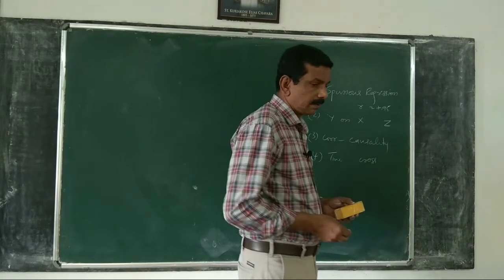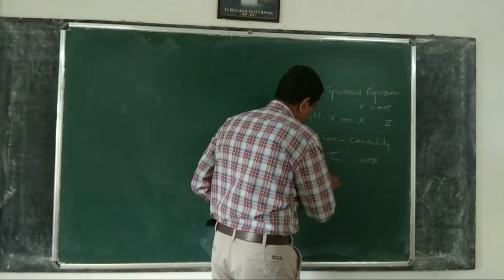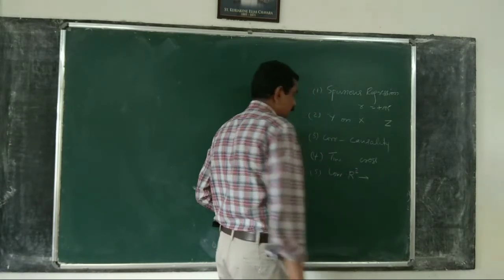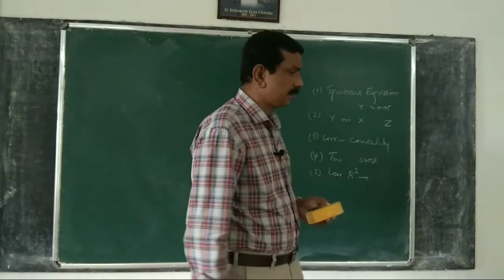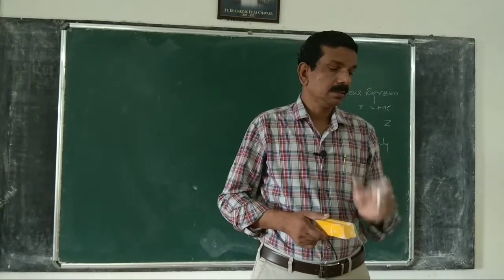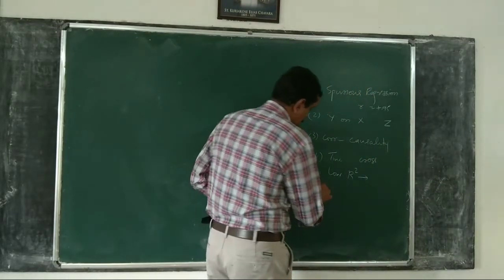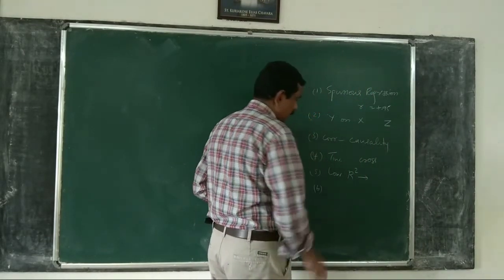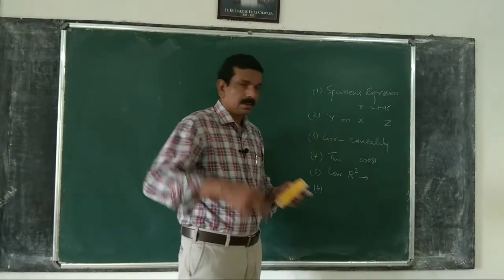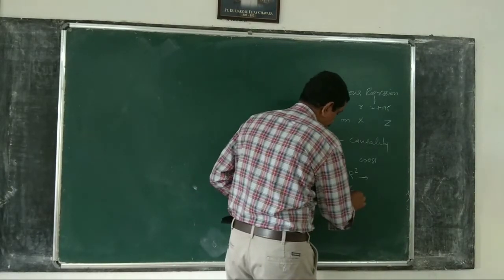The fifth problem is, low R square does not mean that our choice of the model or the choice of the explanatory variables is not good. There is no such interpretation. Also, as we have just stated, to compare two models in terms of R square, y must be the same. You cannot compare y with log y.